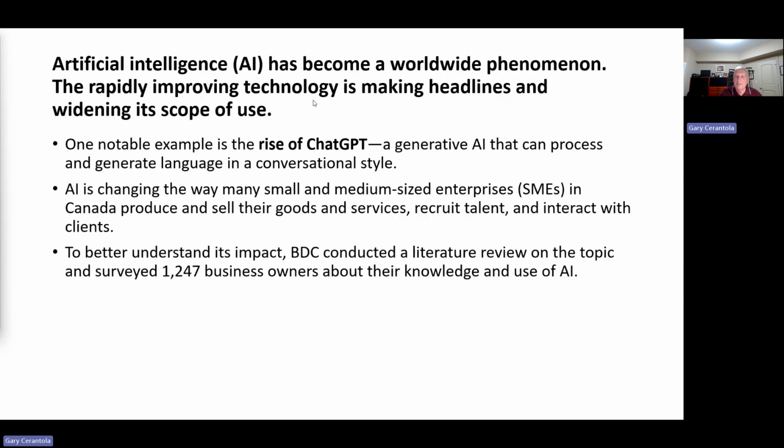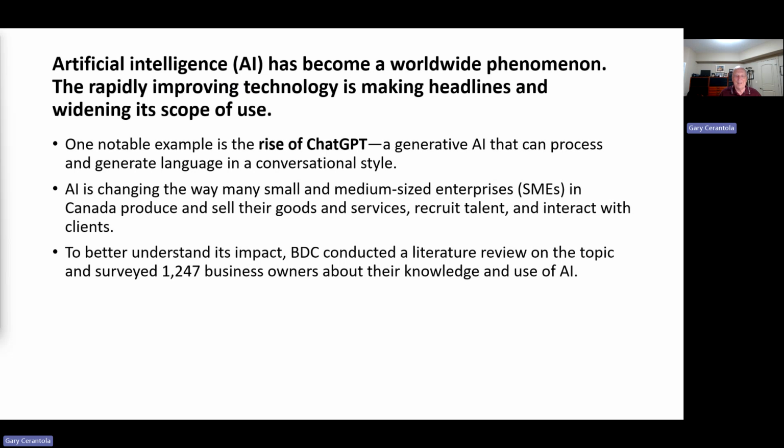All right, so AI has become a worldwide phenomenon, rapidly improving technology, making headlines and widening its scope. But even in the last 2 weeks, just the information that I've taken in from news shows or whatever, it's really growing at extensive, accelerated rates.